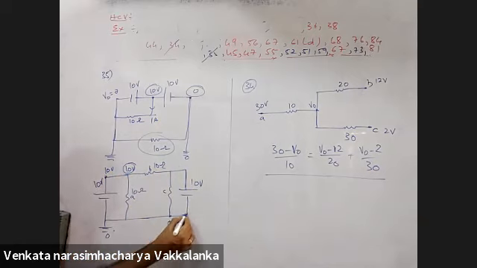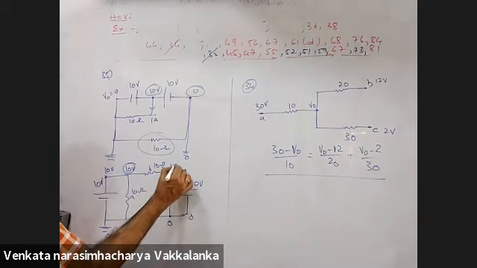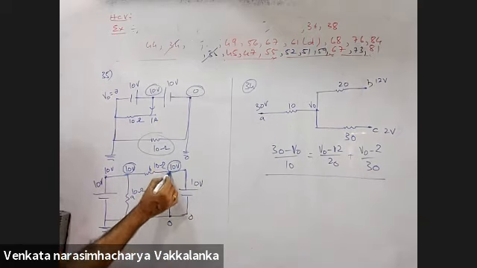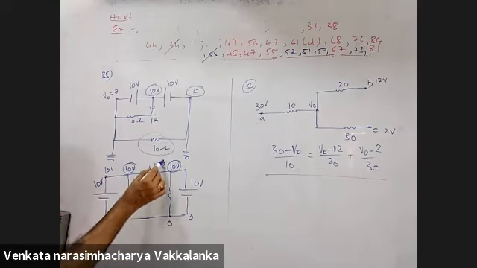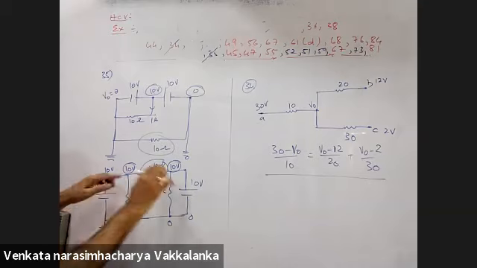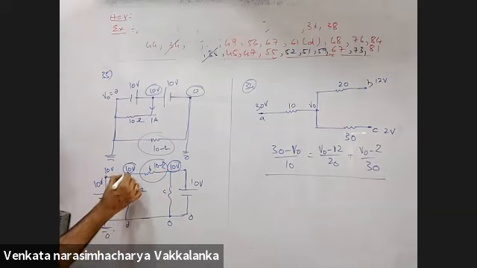This polarity सही लिया मैंने. What will be the current in this? No current. (10 minus 0) by 10, this is 1 ampere.